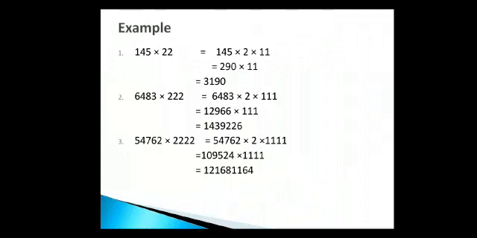Same as example second. 6483 multiplied by 222. So we can write 6483 into 2 into 111. So at first we multiply by 2. So we get 12966.